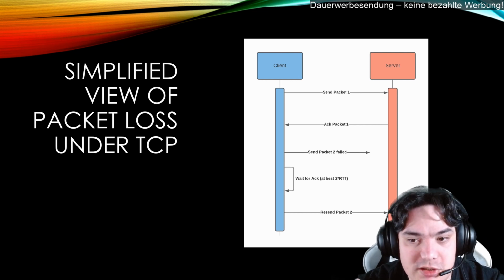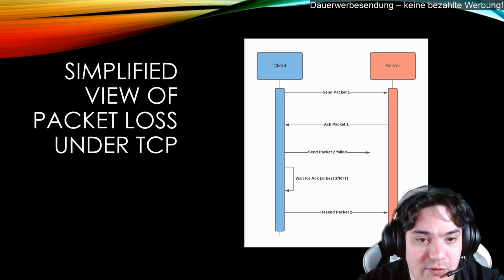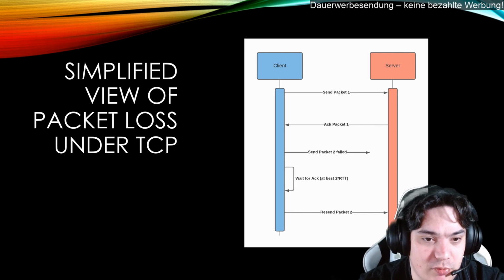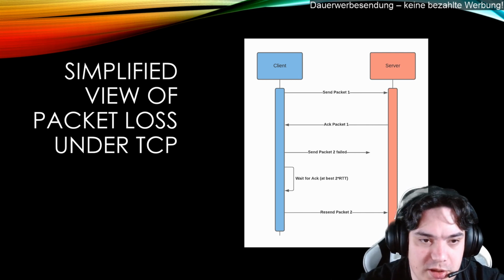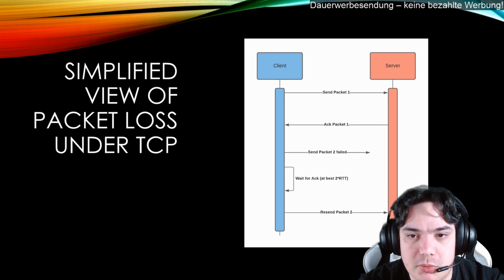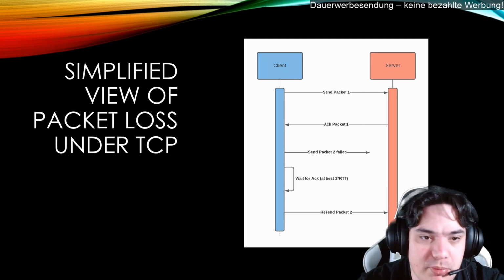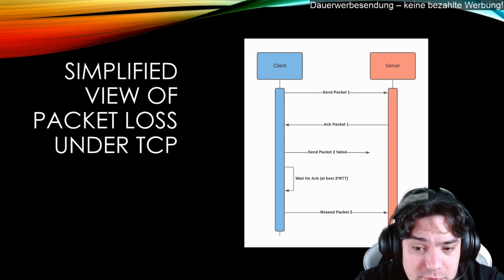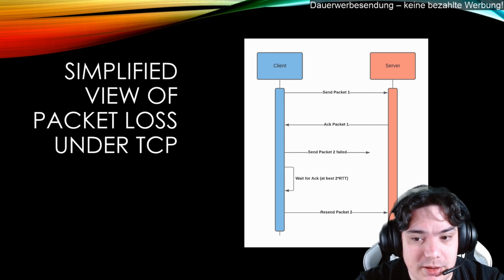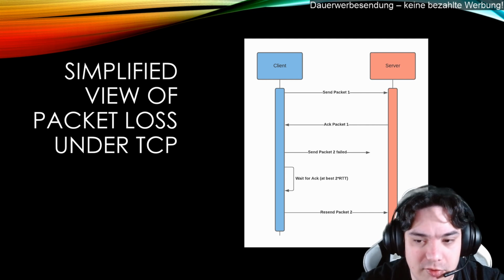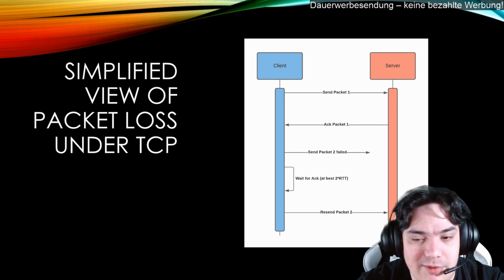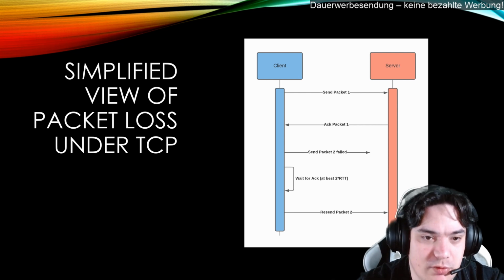Only if package 2 is acknowledged and everything is working fine, your next packages will go out. There's actually a window, and TCP is able to send multiple packages at the same time, but that would overcomplicate this example. But you get the idea. You sent the player position a while ago, and it's totally not interesting for the server anymore. The server wants to know your current position, and for that, TCP is really, really bad.